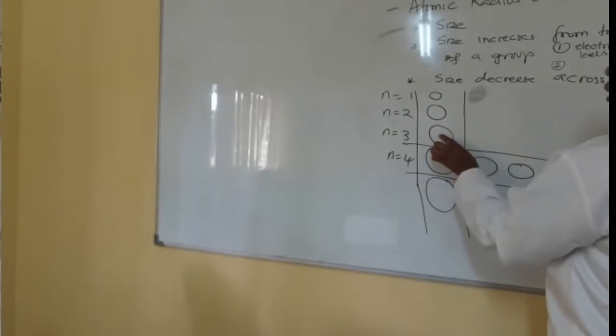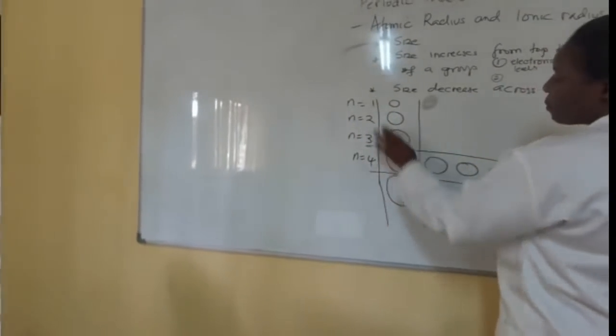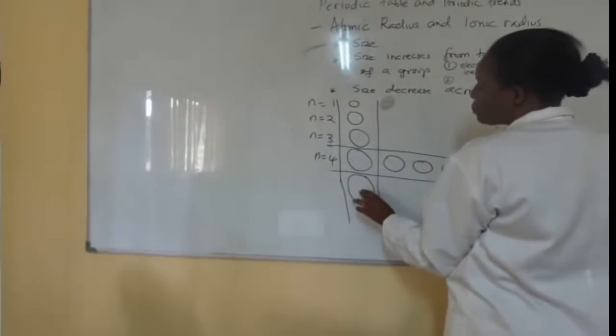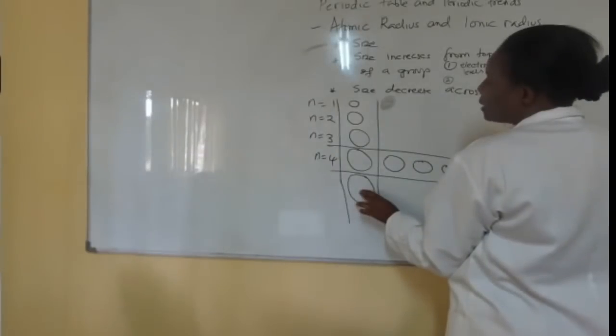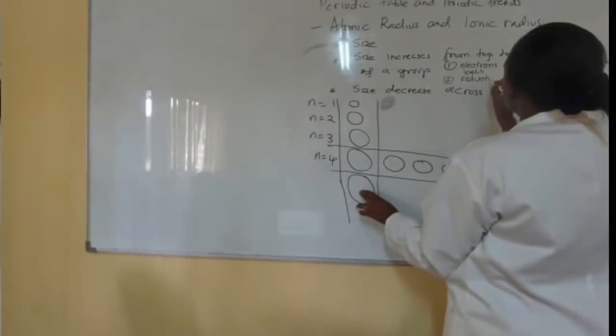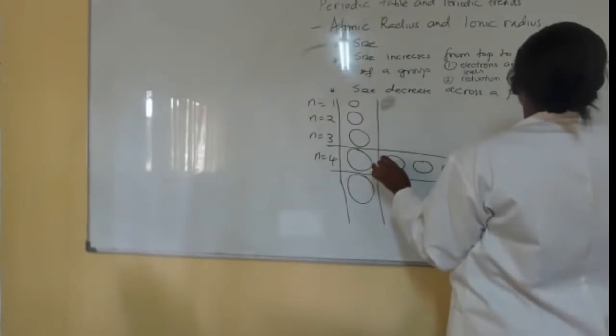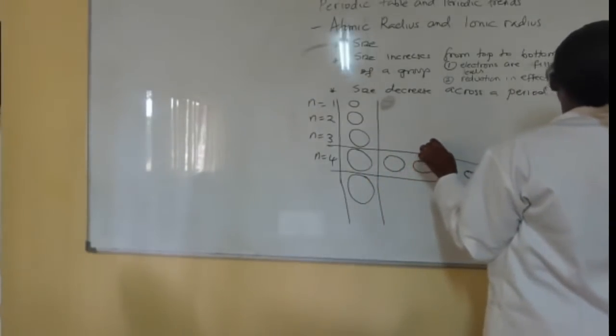And since you are filling electrons in higher energy levels, there's also an aspect of effective nuclear charge. The effective nuclear charge here, from top to bottom, is actually decreasing. So there is a reduction in effective nuclear charge.